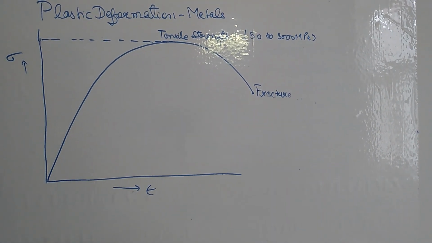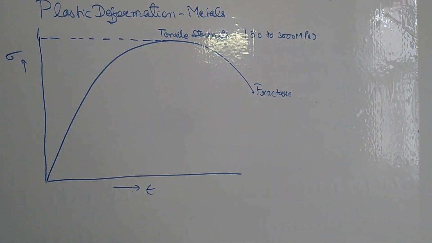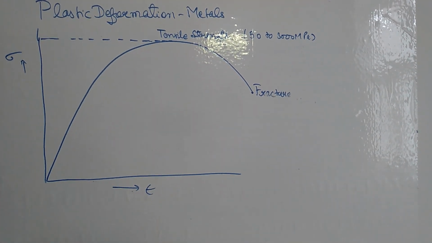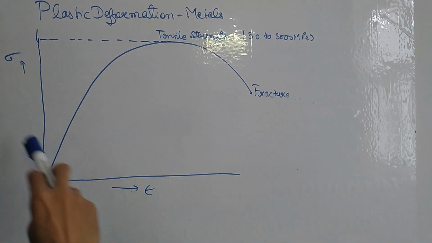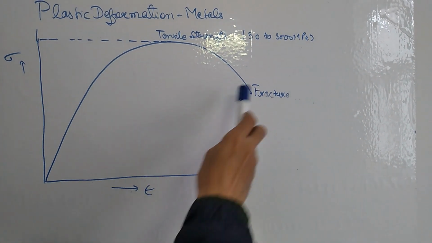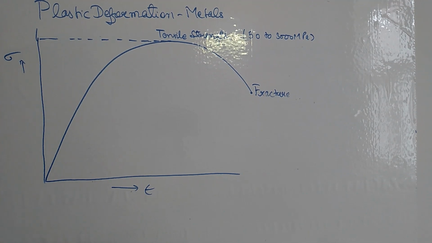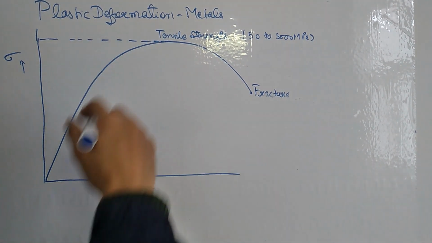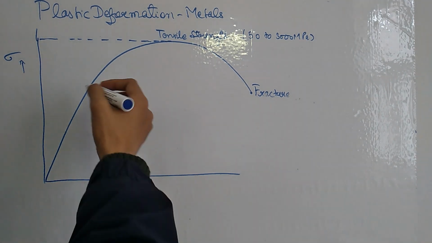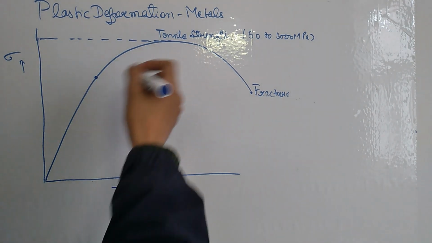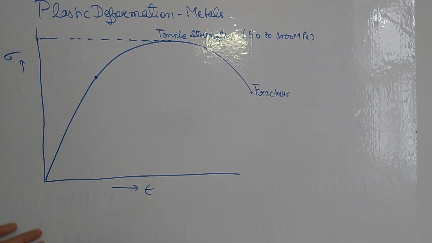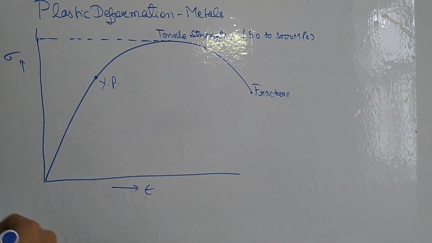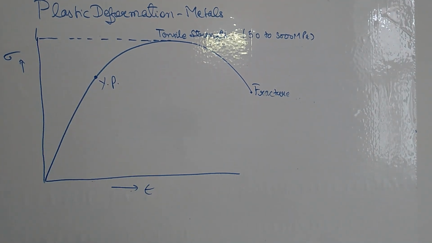Beyond this point, a neck or constriction will form in the material, and the deformation will be limited to that region. Because of that, we see a sudden decrease in the stress, and at the fracture point, the material will fail. But for engineering purposes, we do not use the tensile strength as the determining criterion, because by the time the material has deformed to the tensile region, the material is no longer useful. That is why the yield point is considered as the determining criterion for engineering materials.